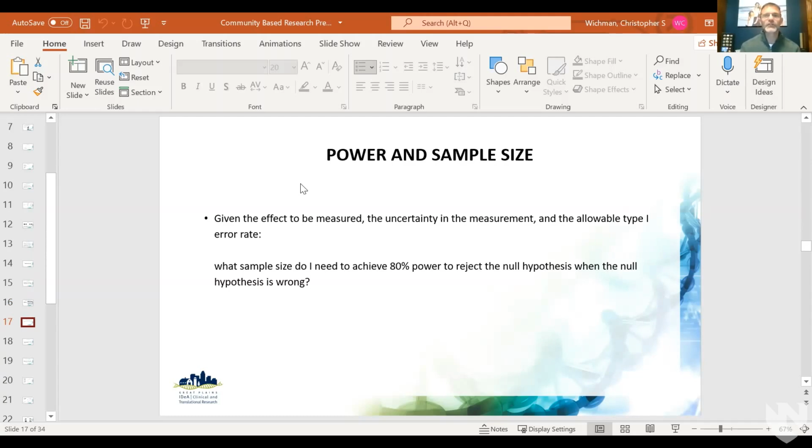And then we need to define the allowable type 1 error rate, and again, typically the default is 5%. So the question becomes, what sample size do I have to have to achieve that 80% power under those conditions? Again, our whole goal is to reject the null 80% of the time when the null is actually wrong. That's the end goal.